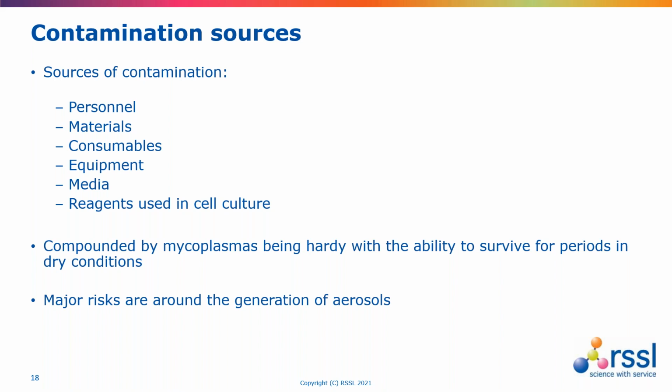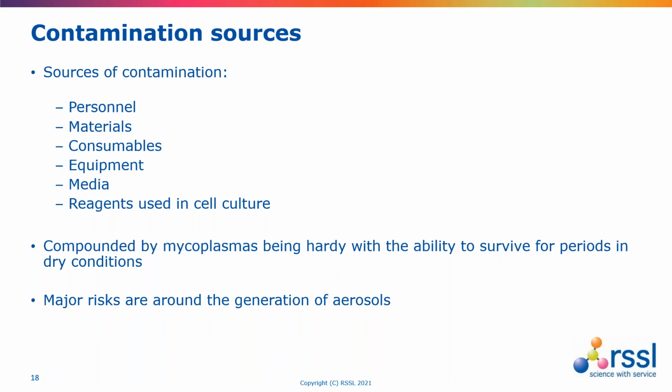And although they have particular conditions required for reproduction, mycoplasmas are actually quite hardy. They have an ability to survive for long periods in dry conditions. This is how they can be transferred in quite easily by materials as well as in association with people.